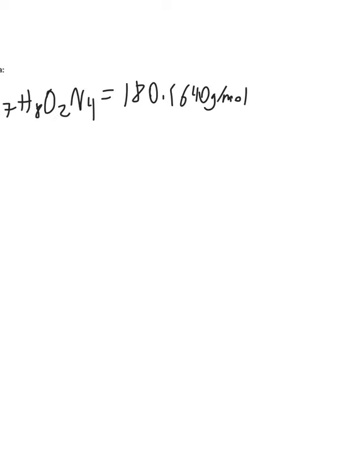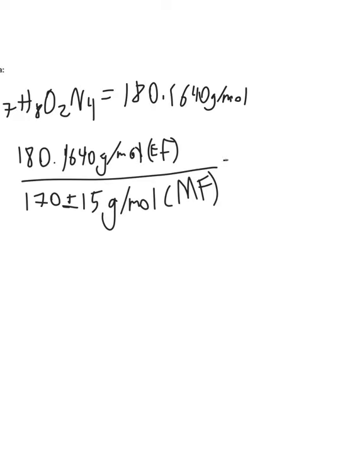To find our molecular formula, we must start by finding the empirical formula mass. Our empirical formula is C7H8O2N4, and its mass is 180.1640, and then we divide that by the 170 we were given at the start, and it's fine that our empirical formula mass is a little higher because we are given a plus or minus range of 15, and they're within the range of a 1-to-1 ratio.